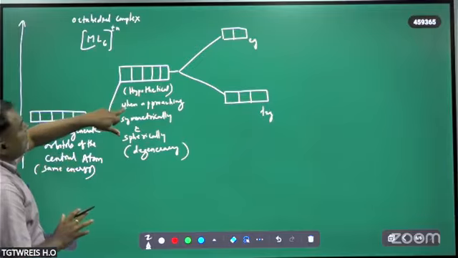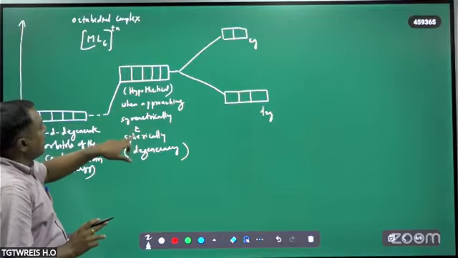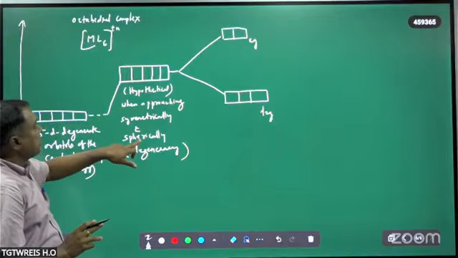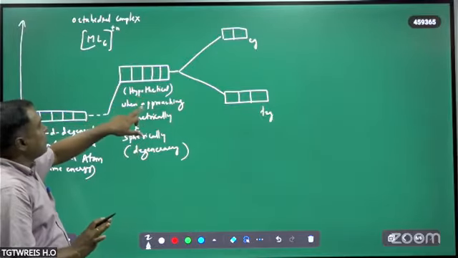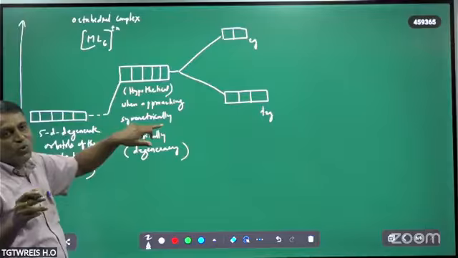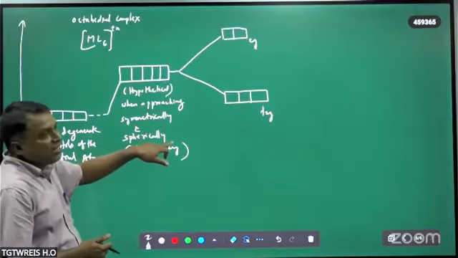But when ligands approach symmetrically and spherically, this is a hypothetical concept. Ligands do not actually approach symmetrically and spherically.